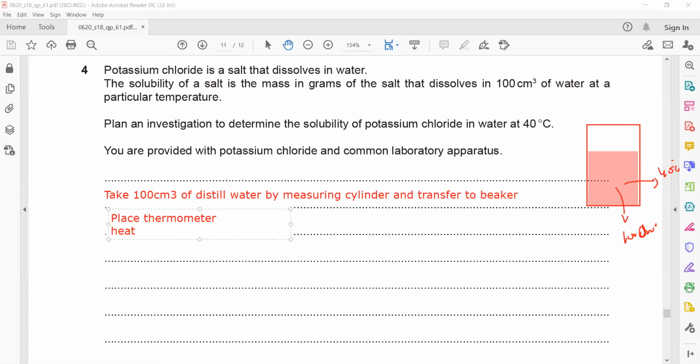Then heat to 40 degrees centigrade and maintain the temperature with the help of a water bath, so that it will maintain the temperature.